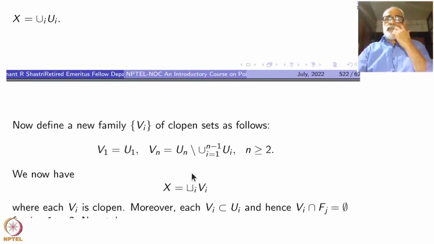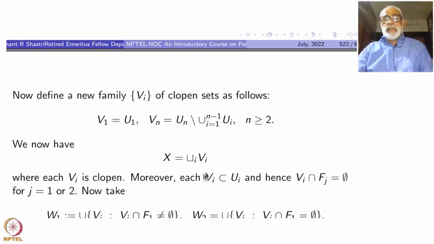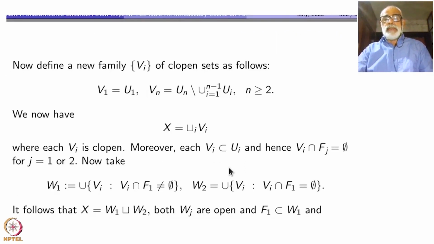The entire family of Vi's is divided into two families accordingly, according to whether Vi intersects Fj is non-empty.